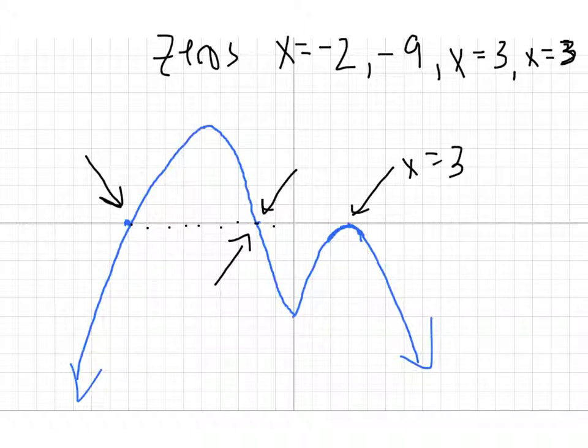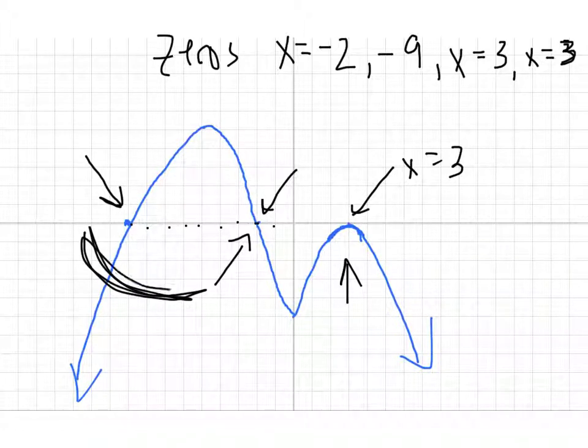It just depends on what the exponent power is. And the same thing with x equals 3. It could be 2 solutions, it could be 4, it could be 6, but this right here will never be an odd amount, and these two over here will never be an even amount of solutions.